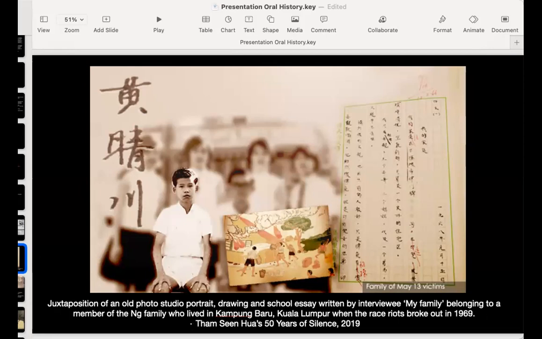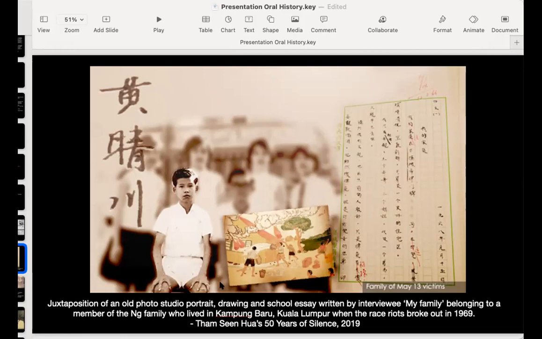and so there's this segment where, alongside the oral historical account of the family's experience, what you see is also a juxtaposition, meaning a comparison, a bringing together of different elements of the Ng family, so that represents the Ng family's past, right?